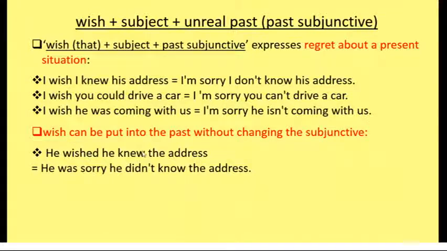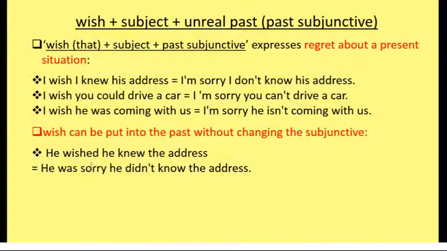Wish can be put into the past without changing the subjunctive. Here, in all the 3 sentences, wish is in present tense, but this can be changed into past tense, and though we change this into past tense, the later clause will remain the same, that is in past simple.